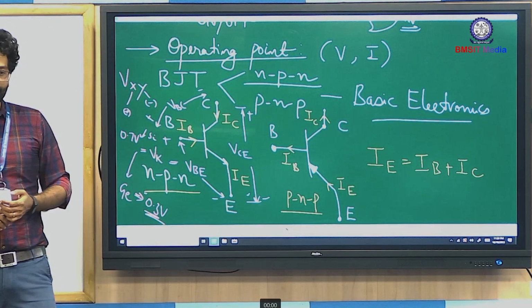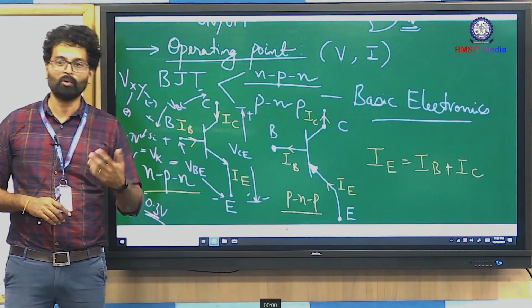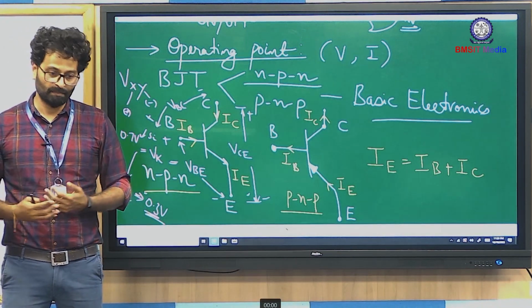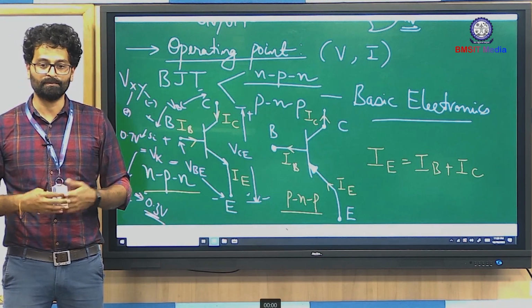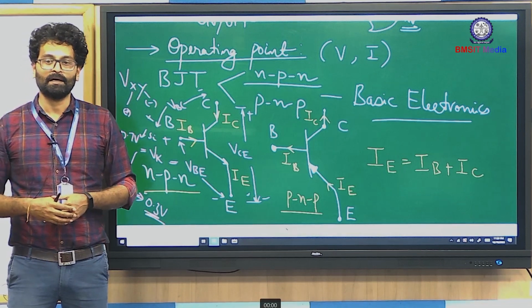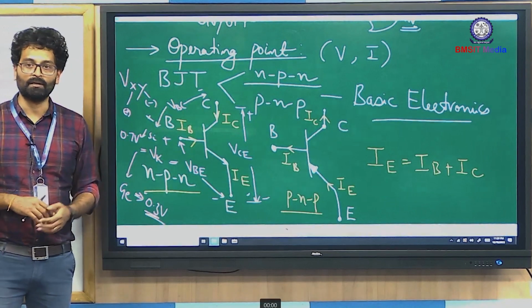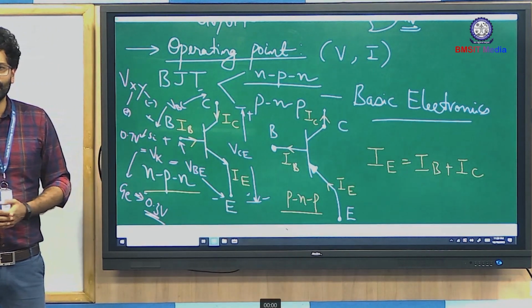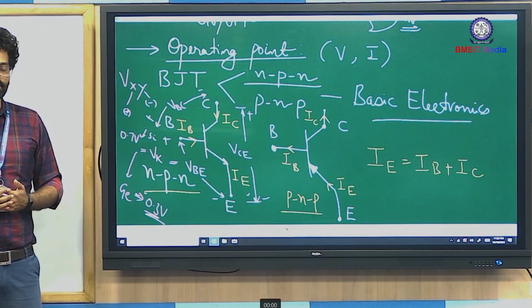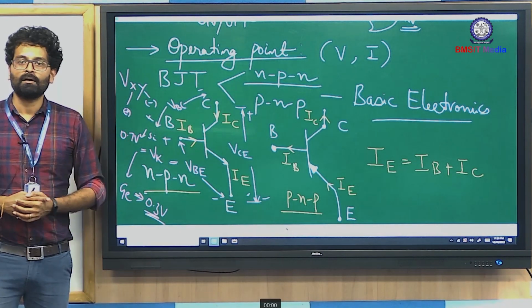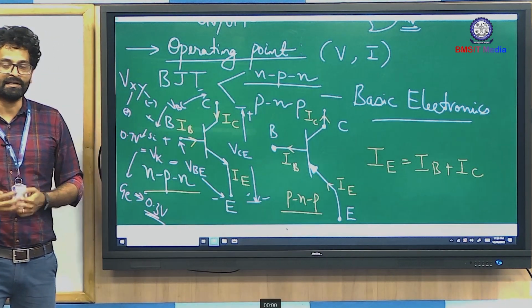On the other hand, germanium is prone to thermal runaway due to temperature problems, and you need an excellent cooling mechanism for germanium transistors. And that's why normally silicon transistors are widely used.